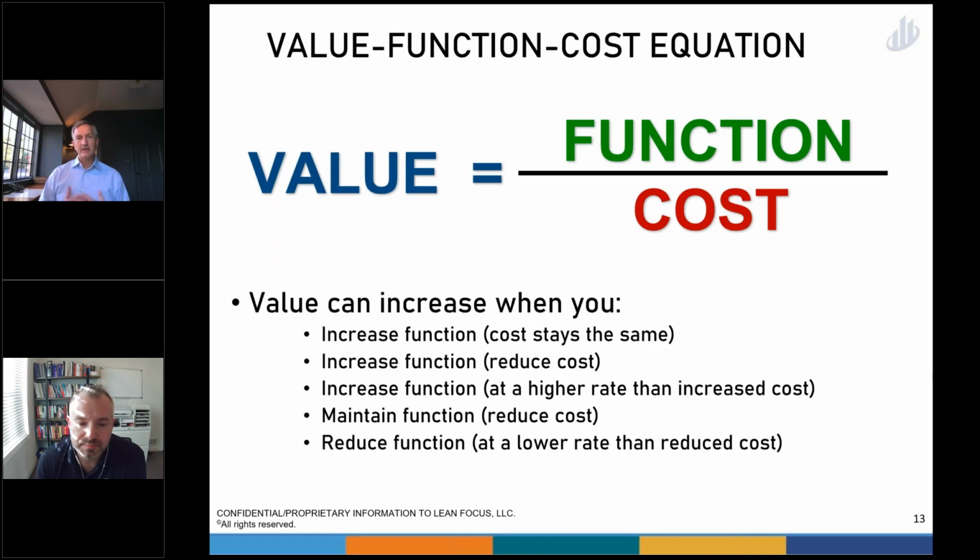If you think about it, we define value as function over cost. So it's a typical equation. You can increase value by increasing the function without increasing the cost, or reducing the cost and holding the function constant, or any of the variables that go along here.